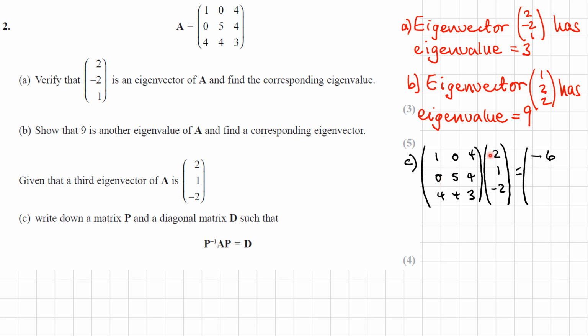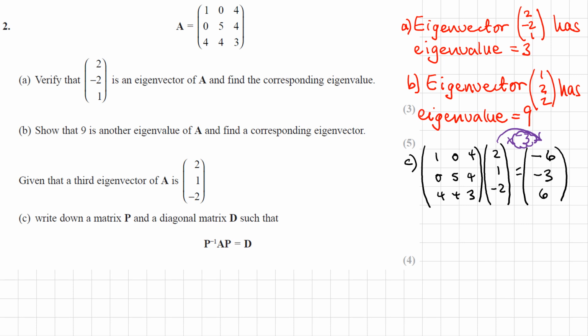Next one, 0, 5 minus 8. So 5 minus 8 is minus 3. And then the bottom row, we have 8 plus 4, which is 12. And then 12 minus 6, which is 6. So if I look at the multiple, I can see that it gets multiplied by -3.